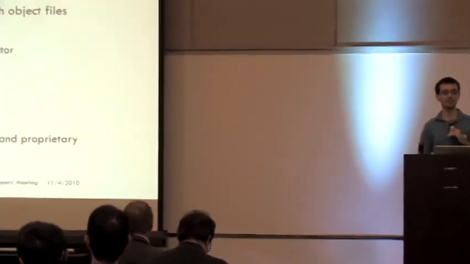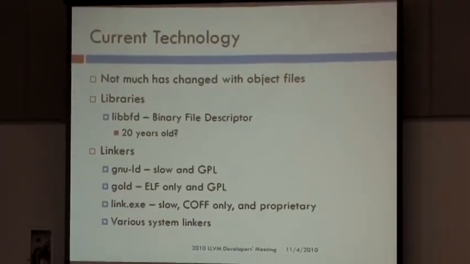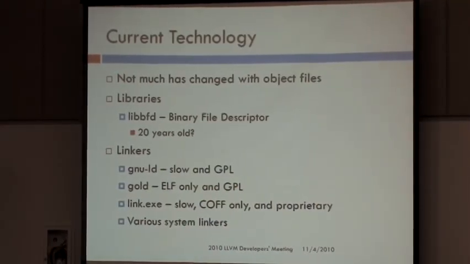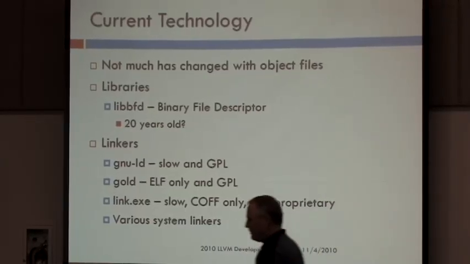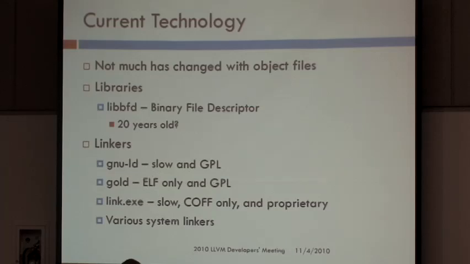So not much has changed with object files since dynamic libraries were introduced to SunOS in the late 1980s. The only current library available is libbfd, binary file descriptor, and that's about 20 years old, and it's been maintained and kept up to date. However, it still maintains some of this cruft that all of the GNU toolchain has.